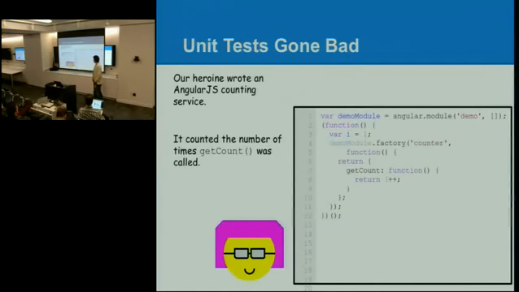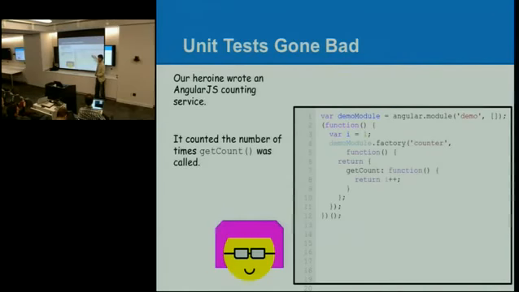Here we have our programmer writing an AngularJS counting service. For those of you just coming off of Robert's talk, this probably is a good place to pick up. What we've got here is an Angular module called demo, and we use a factory for the demo module to create a service called counter.